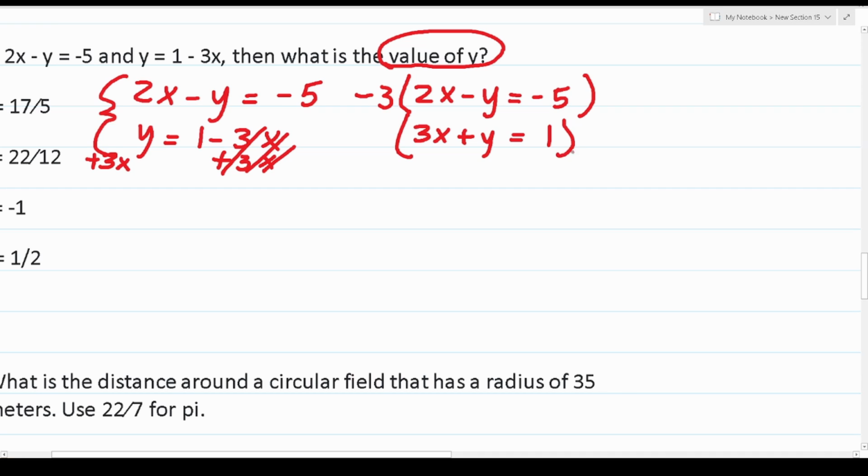I'm going to take this bottom equation and multiply it by +2. And the reason why is this. -3 times 2x is going to be -6x, whereas 2 times 3x is +6x. -6x plus +6x cancels out, and the x variable, as a result of that, is eliminated.